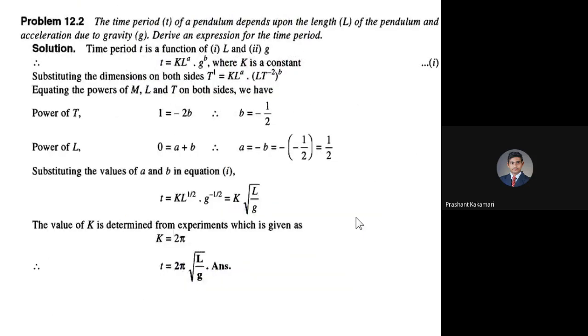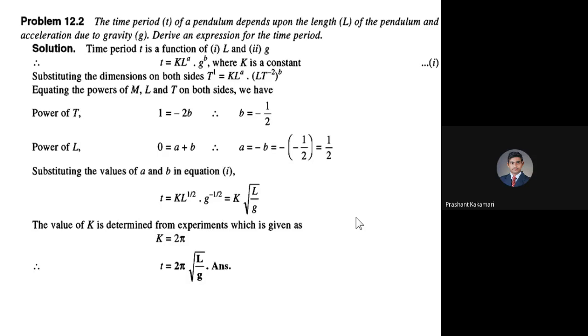As here you can see in the Rayleigh method, they have taken k into L raised to minus 2. What is that k? They have taken k as 2 pi, because everyone knows that for a pendulum, I can substitute k as 2 pi so that it is related to time, 2 pi square root of L by g. Like this, if you know the constant, you can write 2 pi.